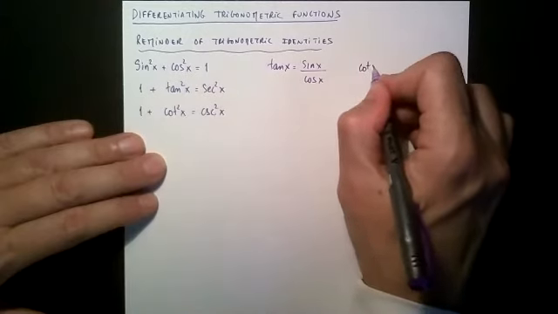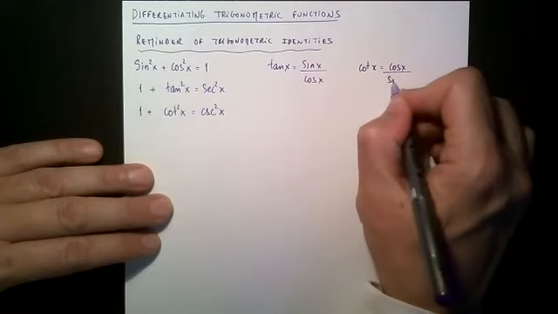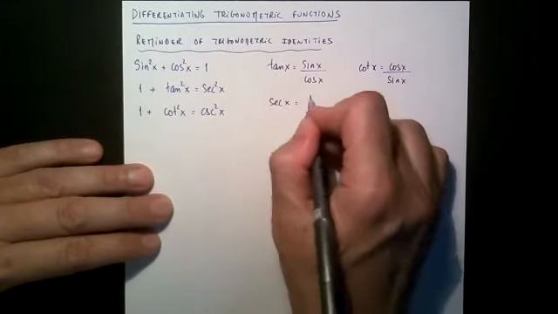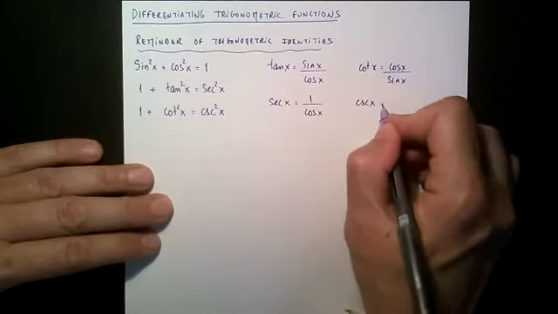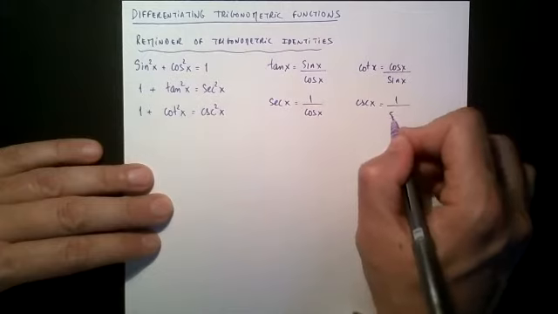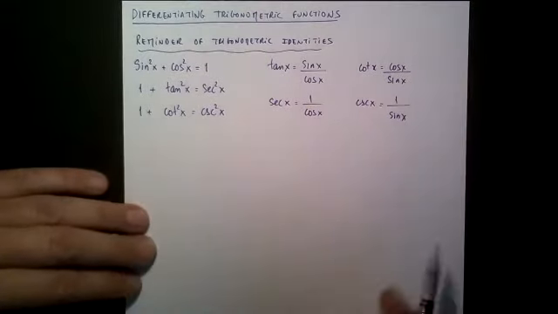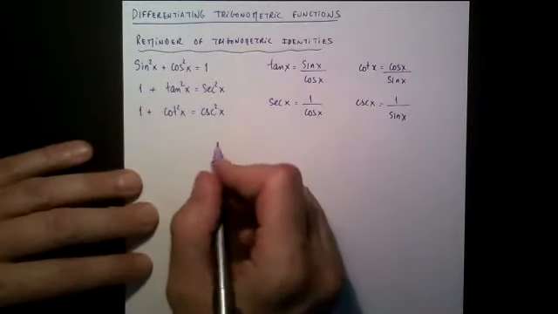Cotangent of x is cos x over sine x. Secant x is 1 over cos x. Cosecant x is 1 over sine x. You don't need to rewrite them because you have them already in the class. We did it the other day.